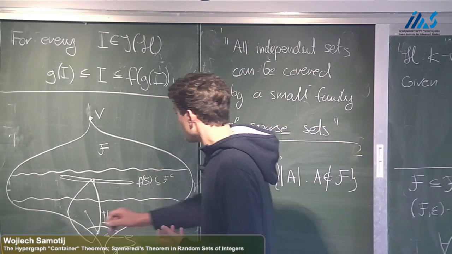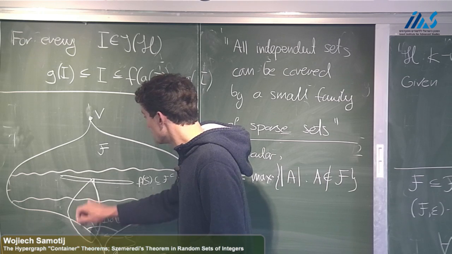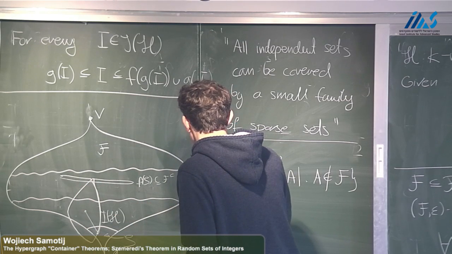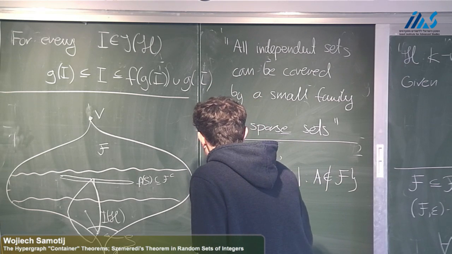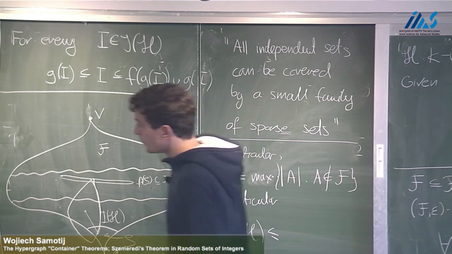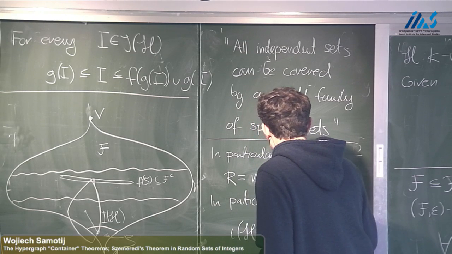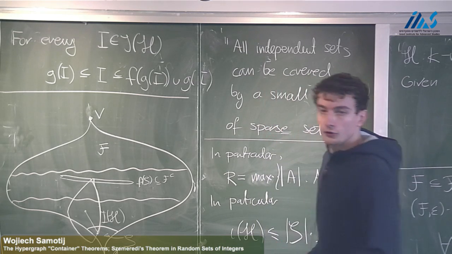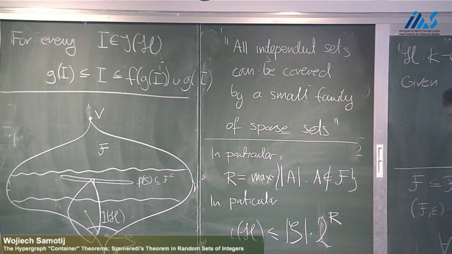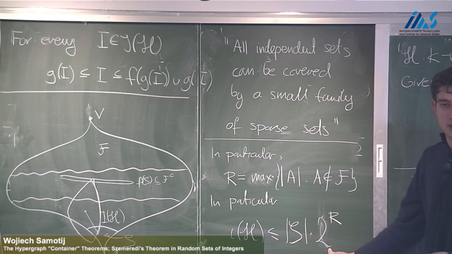Now, since each independent set is contained in one of the few sparse sets, then in particular, the number of independent sets is at most the size of S times 2 to the R, because once we know in which element of the covering we are, there's only so many ways to choose the remaining elements.